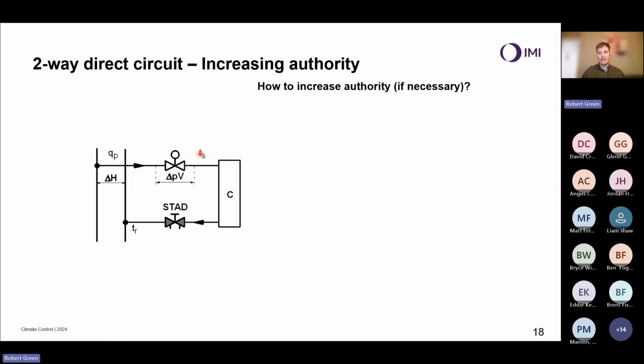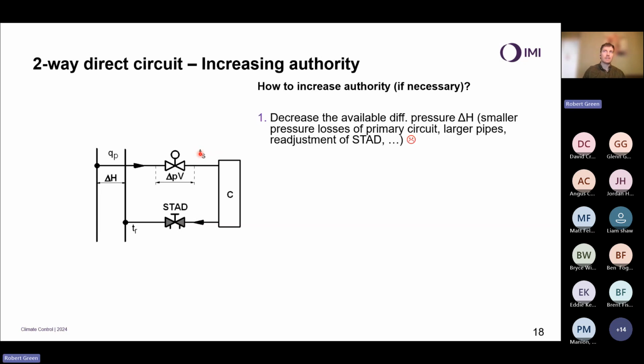So the question is going to be, how do we increase my authority? We could decrease the available differential pressure. I make less differential pressure available. But that's going to mean bigger pipes in my circuit, lower pressure drops in my circuit, readjusting my balancing valve. Not really a good solution.